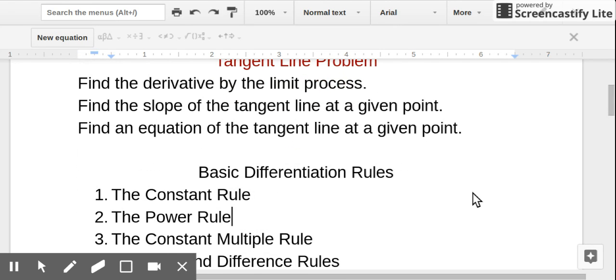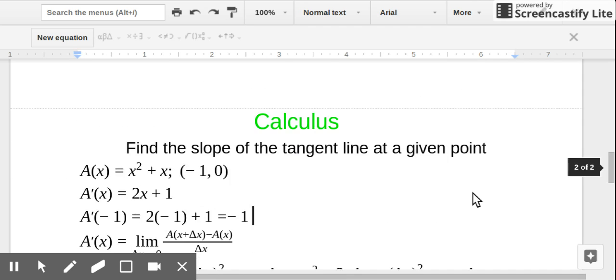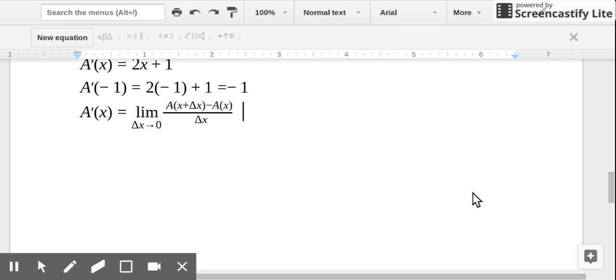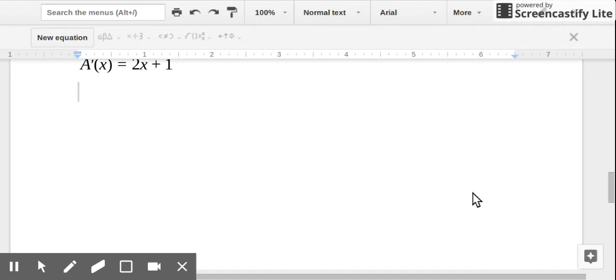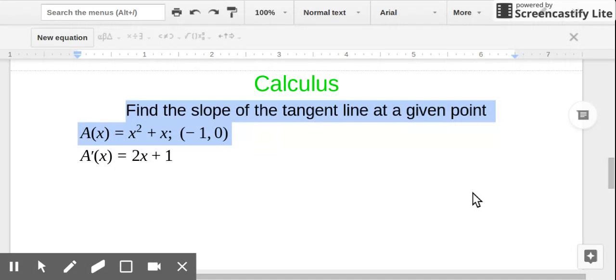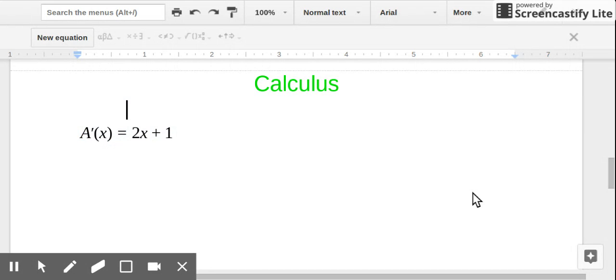All right, let's get started here, and it looks like I need to do some erasing. Erase the whiteboard from last time. I should have probably already looked at this. All right, let's just get rid of all of that.